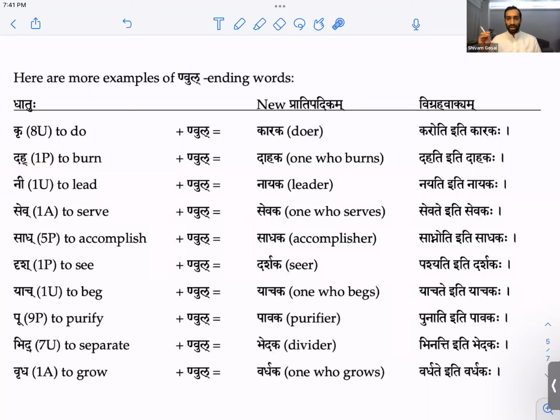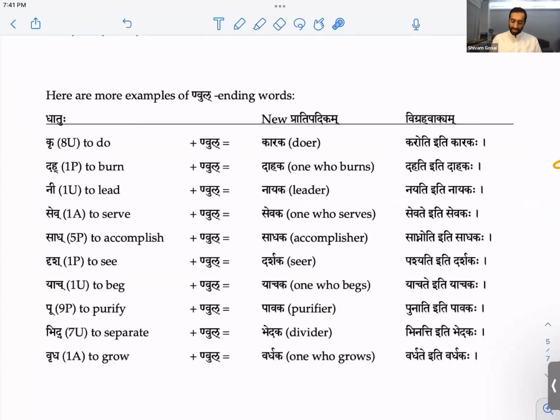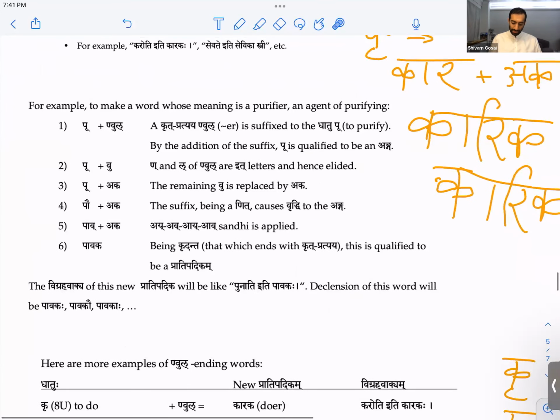The vriddhi of akara is a. So dah, and then I add aka, so dahaka, the one who burns. So dahati iti dahakaha. Now we're going to see nayaka, and well, let's first see pavaka. There are some specific things we need to see for this.